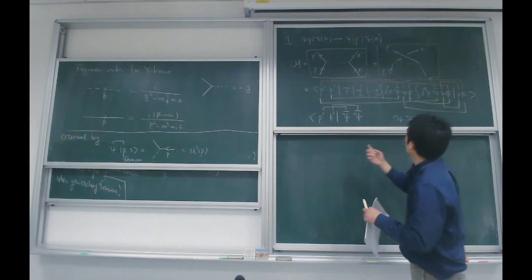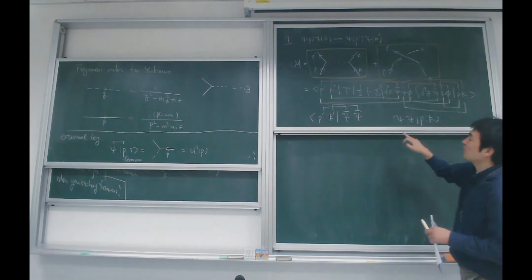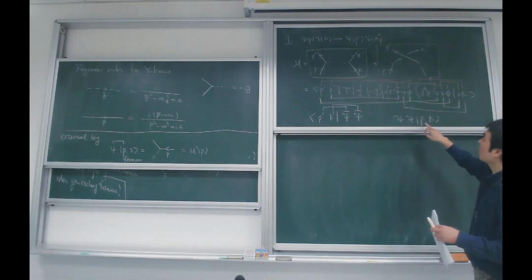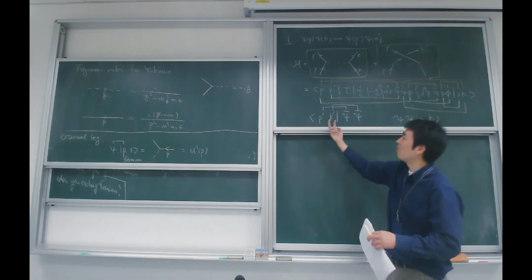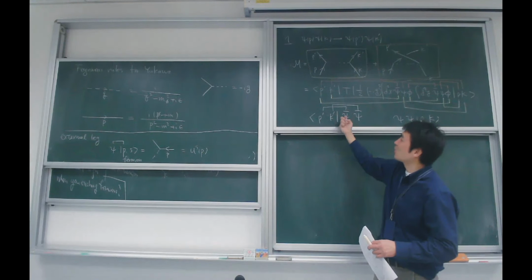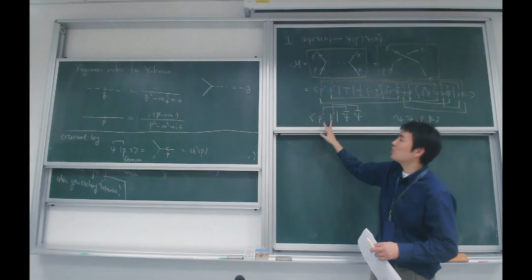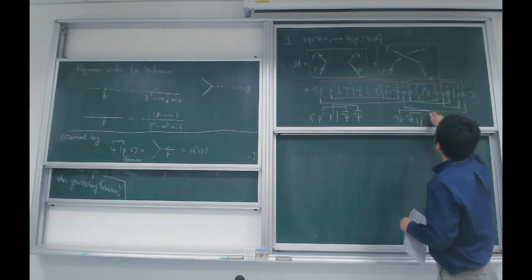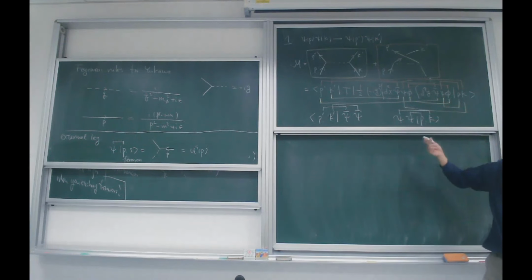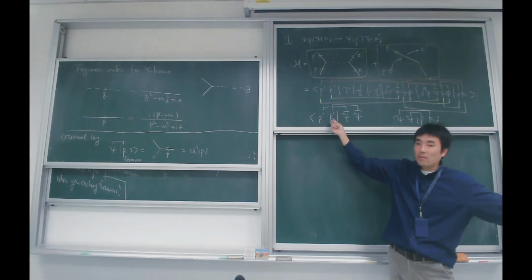The order pk should not change. So this guy should contract with this guy. Usually it should be K prime, P prime, but anyway, for the right-hand side you have to contract this way. First you contract P and next K. So the first guy should contract with P prime and the second guy should contract with K prime.